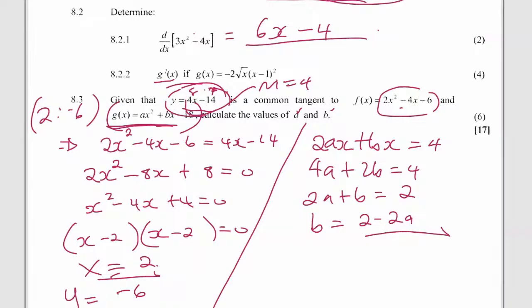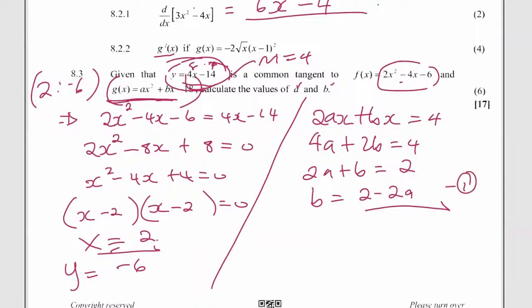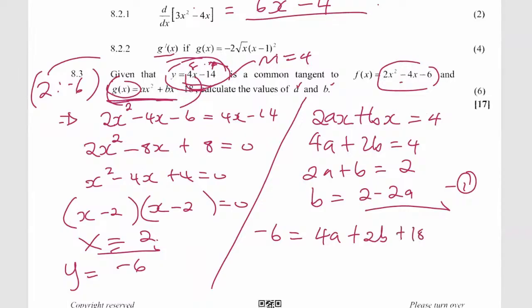Okay, so if that is true, I can have this as my first equation, and then I'll substitute 2 into here, and then I'll replace y with a negative 6. So negative 6 is equivalent to 2 squared, which is 4a, plus 2 times b, which is 2b, and then plus 18. Is this a plus 18 or a minus? It's a minus 18.